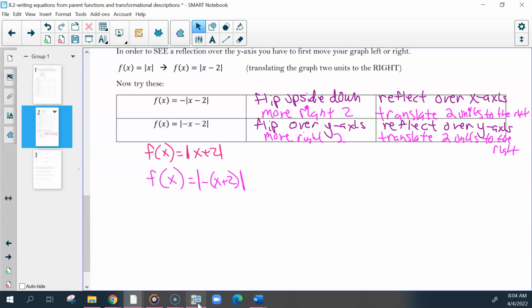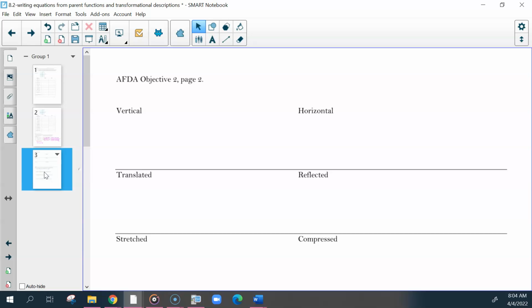Go to the very last page. This is going to be like a summary of a lot of this stuff. There are a few things you need to know with this, so I'll be drawing things, labeling things, going back and talking about things we've already talked about.